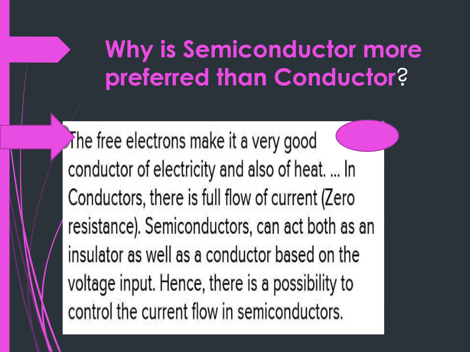But the property that a semiconductor has is that you can make it behave as an insulator as well as a conductor. So there is a possibility that it can behave as a conductor, and there is a possibility that it can behave as an insulator. So you can actually control the flow of current in a semiconductor, which you cannot do in a conductor. So that's why the semiconductor is preferred more.